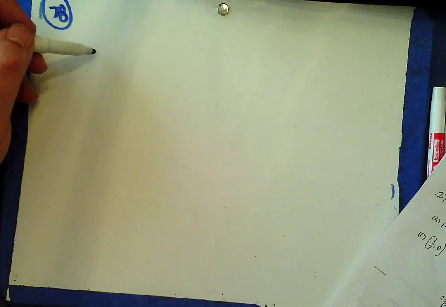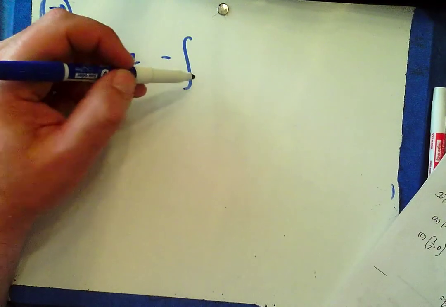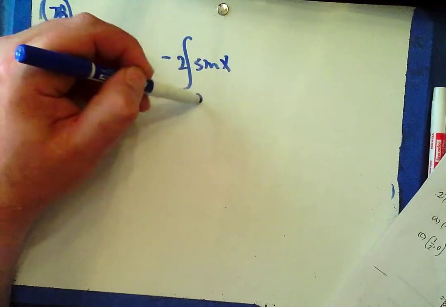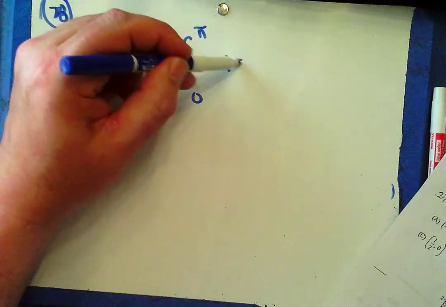28. What is the area enclosed by the y-axis, the x-axis? What is the area of the shaded region? Okay, well, I want the area of the rectangle, which is 2 pi times 2, minus the integral of 2 sine x from 0 to pi.